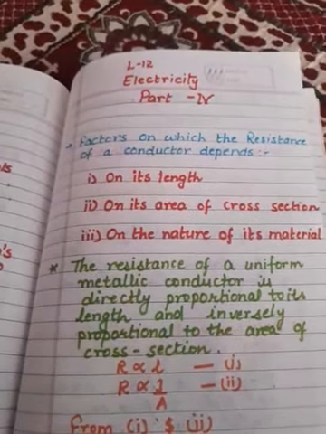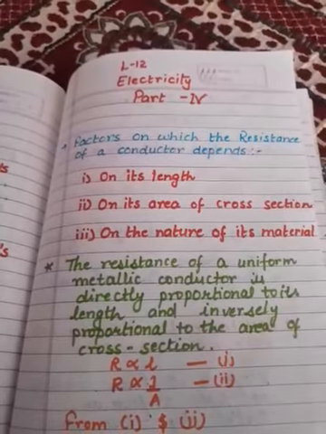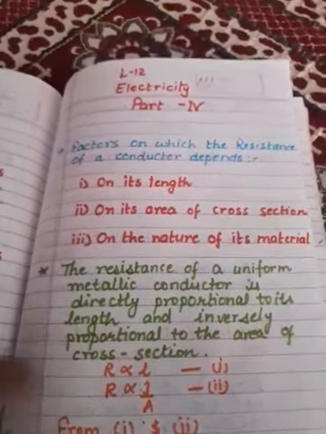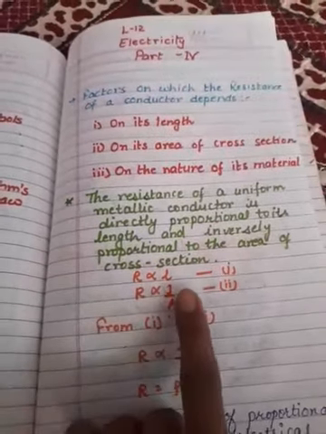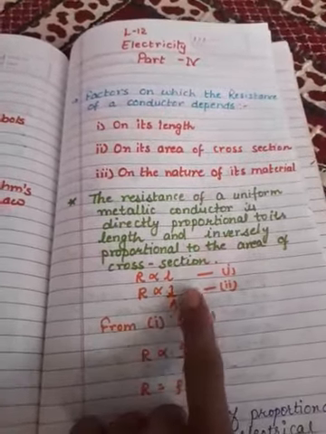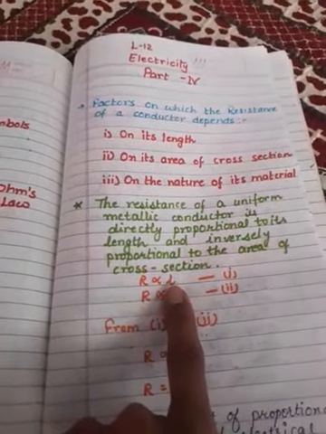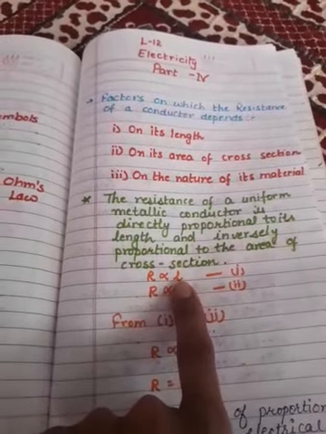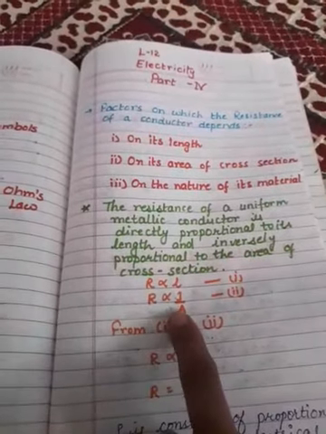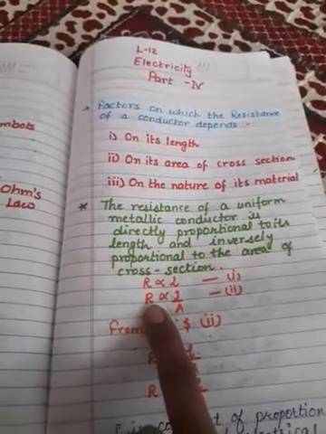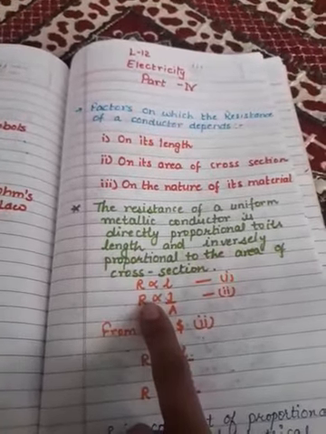The resistance of a uniform metallic conductor is directly proportional to its length and inversely proportional to the area of cross section. Resistance is directly proportional to length and inversely proportional to area, 1 upon A. It means if we increase length, then resistance also will be increased, and if we increase area, then resistance will be decreased, and if we decrease area, then resistance will be increased.